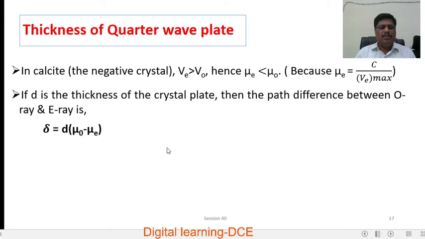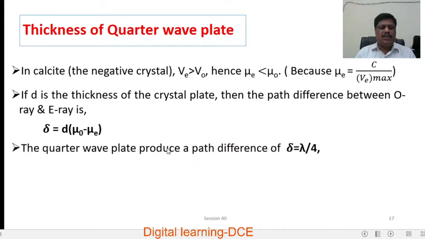So the quarter wave plate produces a path difference delta is equal to lambda by 4, that is, quarter the wavelength. Then from these two equations, delta is equal to d into mu o minus mu e and delta is equal to lambda by 4, we get d into mu o minus mu e is equal to lambda by 4.